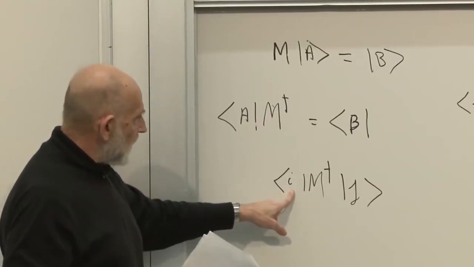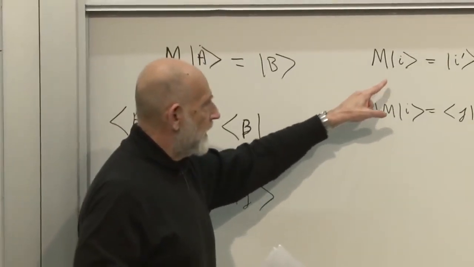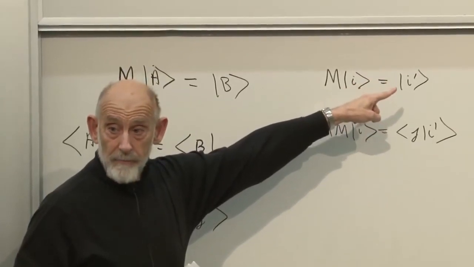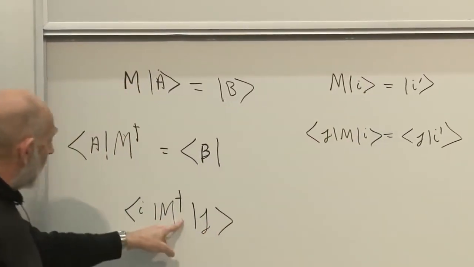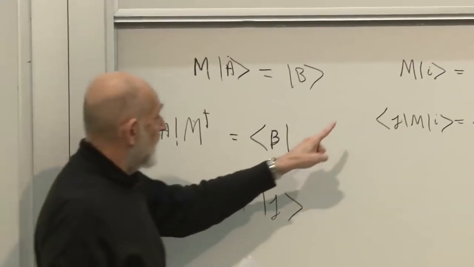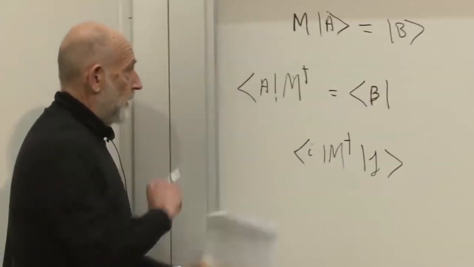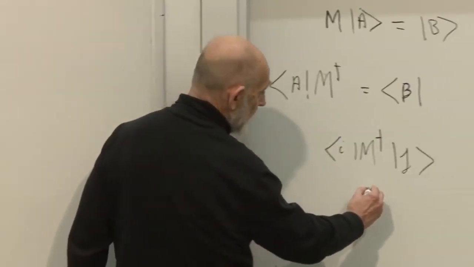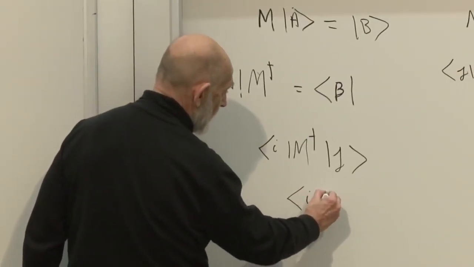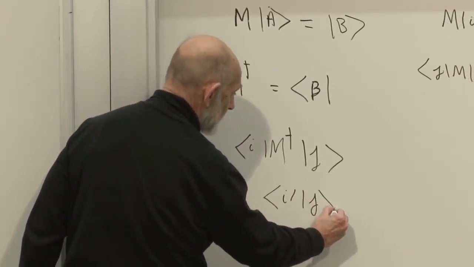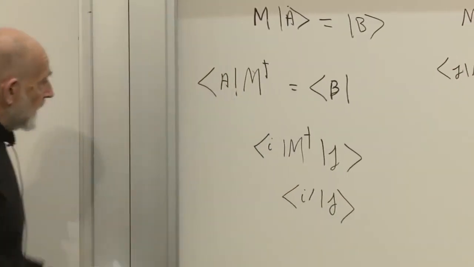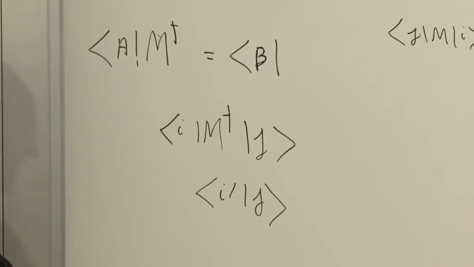So what does M dagger acting on ⟨i| give? It gives the bra vector ⟨i′|. If M dagger acts on the bra ⟨i|, it must give the bra vector ⟨i′|. It just flips the equation from kets to bras. So what we have over here then is ⟨i′|j⟩. That's the matrix element. That's this matrix element over here.